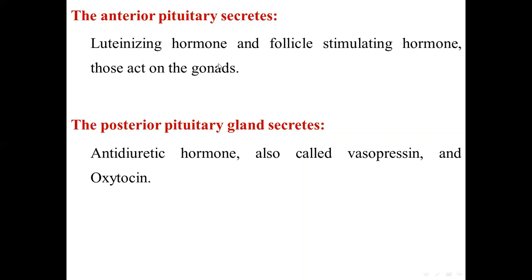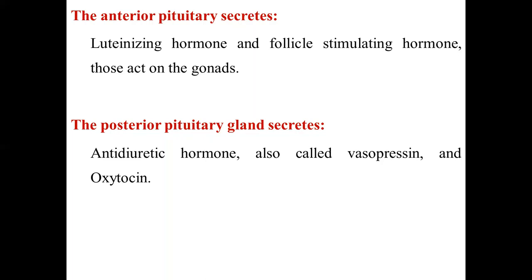So we have luteinizing hormone and follicle stimulating hormone. Luteinizing hormone is produced by gonadotropic cells in the anterior pituitary gland. It acts on the gonads, and gonads mean the testes in the male and ovaries in the female. They are responsible for the production of steroid hormones such as testosterone, estrogen, and progesterone.